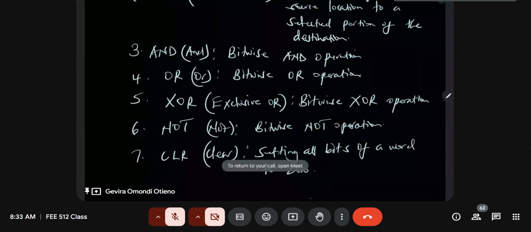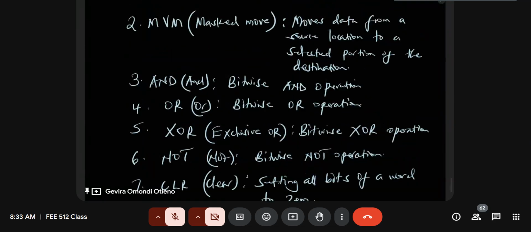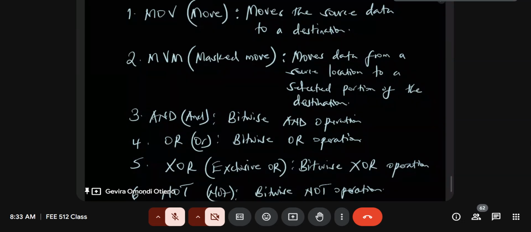Okay, sorry about that. So now I want us to look at the first two, because those ones you might have maybe just heard about them, but you haven't interacted or even seen how we achieve the manipulation of data using these two types of commands, the move and the masked move.